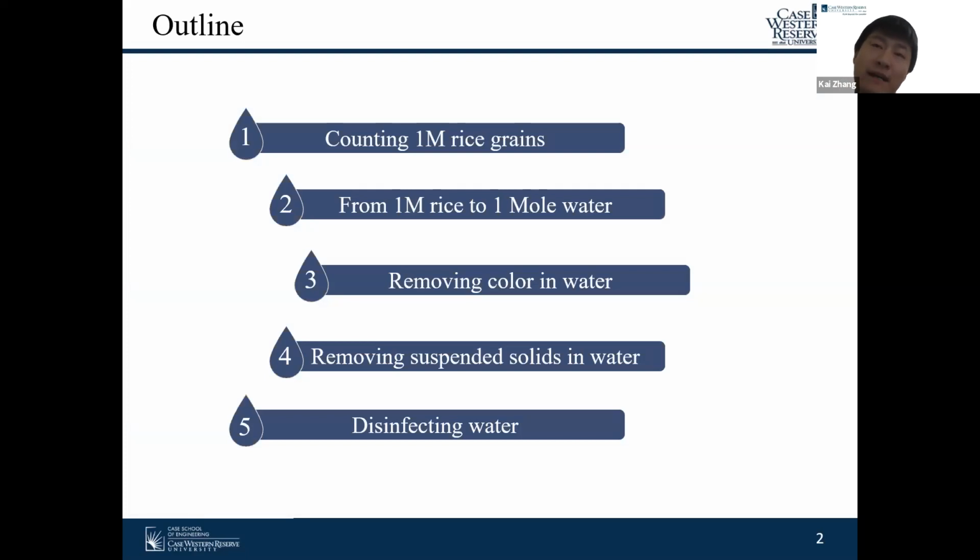Before we start to talk about the technology used to treat water, we will look at a challenge. The challenge is to count 1 million rice grains. And then we will talk about 3 processes used to treat water.